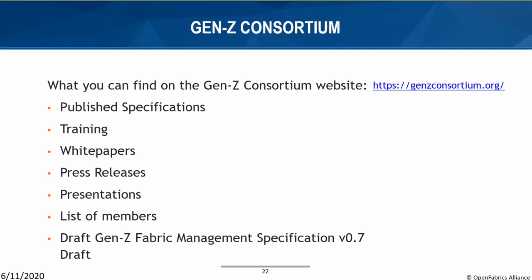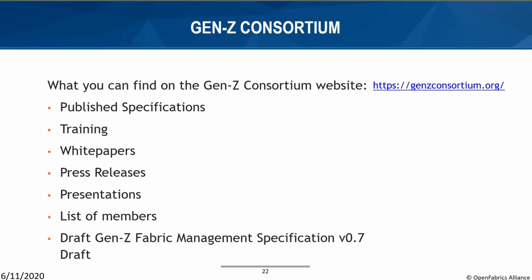I think what's out there is Rev 0.7. We are proposing 1.0 for general release, but it's not public yet, which documents a lot of the details about the general management architecture for managing a Gen Z composable fabric. We're going to talk about this stuff shortly, but first we've got an important milestone to mention to people.